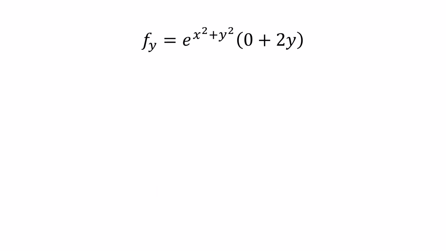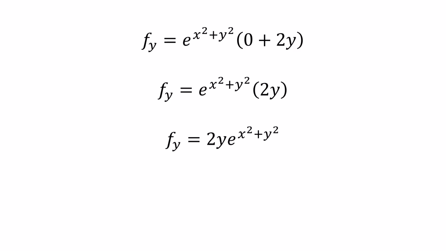Adding, we get f_y = e^(x²+y²) times 2y. Multiplying, we arrive at a final answer of f_y = 2y e^(x²+y²).